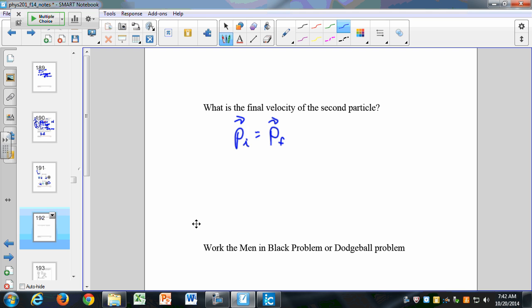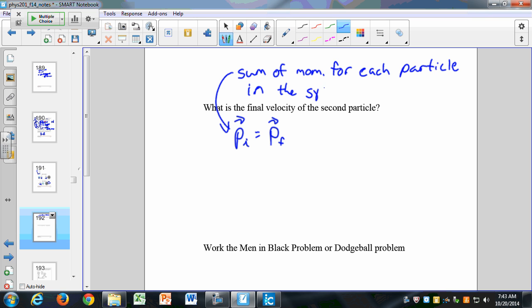All right. So these momenta are the sum of the momentum for each particle in the system that we've defined. And in this system, it's very simple, right? It's just two particles, so it's just the sum of the momentum for each particle.